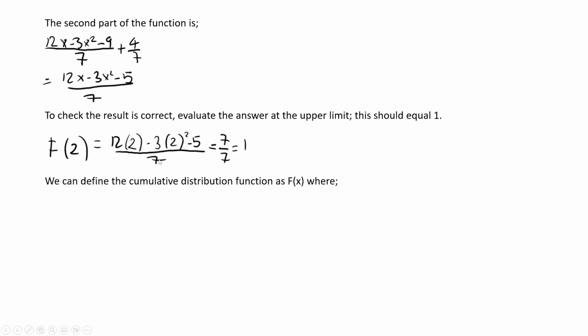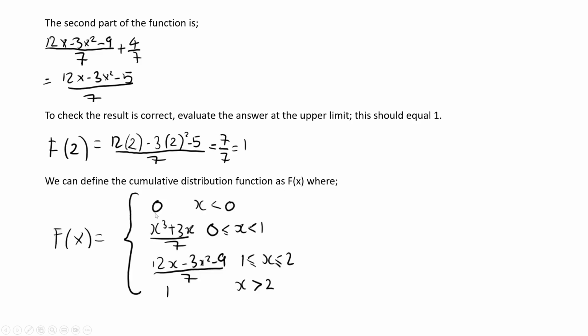So we can define the cumulative distribution function, which we always use a capital letter for, so capital F of x here, where it's 0 when x is lower than 0, as our probability density function is 0, so will our cumulative be. From 0 to 1 it is defined by that expression there, (x cubed plus 3x) over 7.